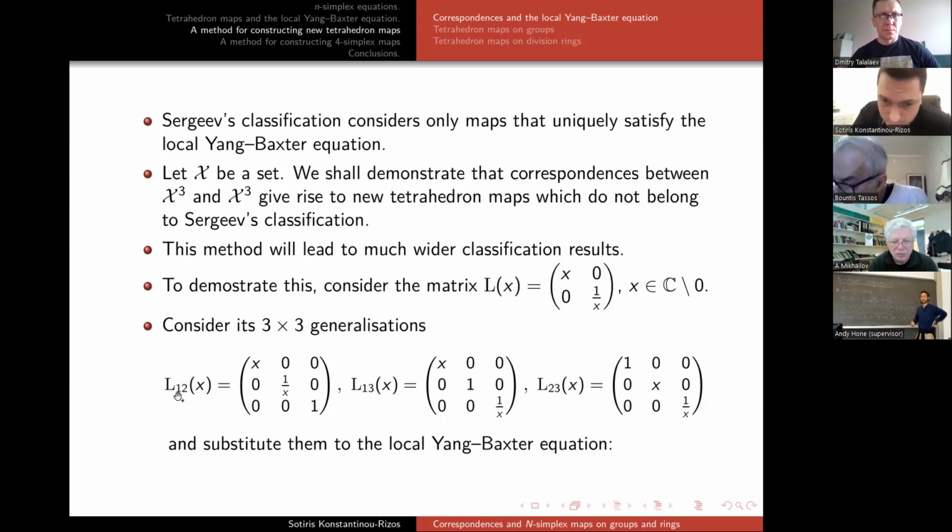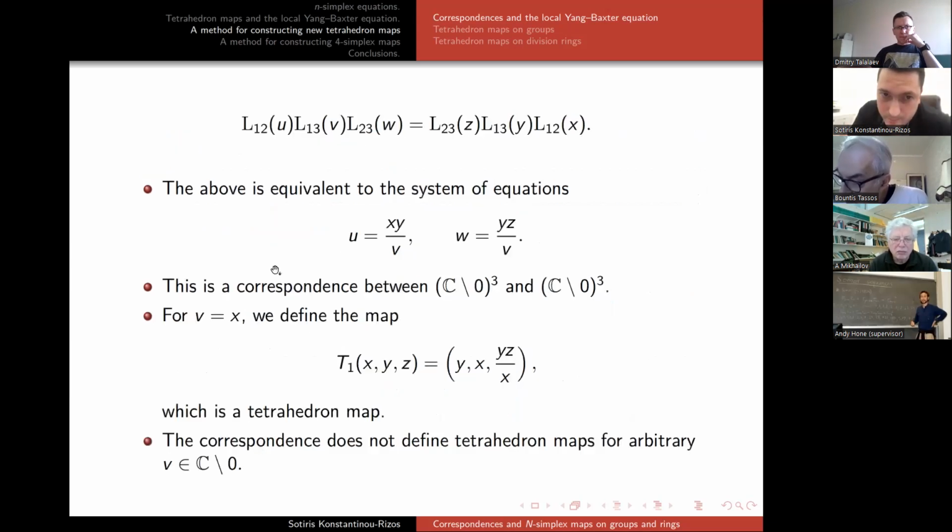That's how we define these 3 by 3 generalizations or extensions for everyone. We substitute them into the local Yang Baxter equation. In this case, it is equivalent to a system of equations where we can express U and W in terms of V. So this is not a map, but a correspondence between the complex field except 0 cubed and itself.